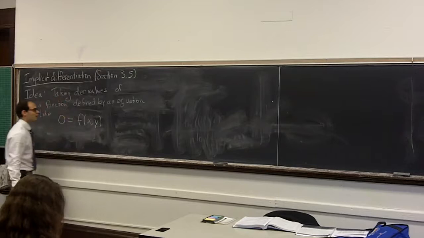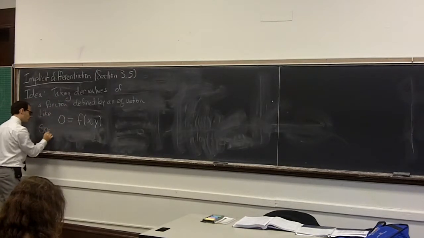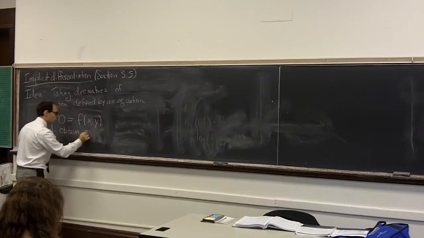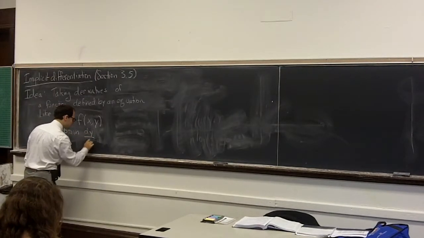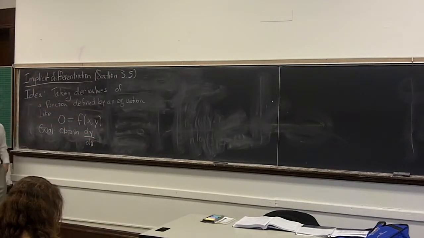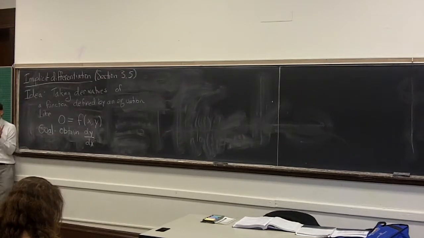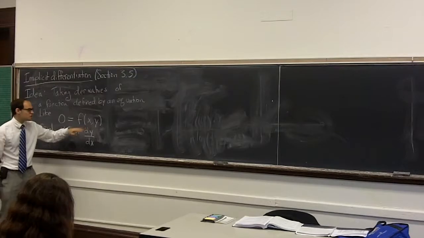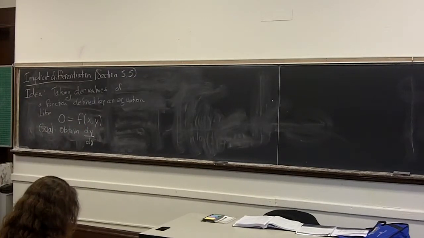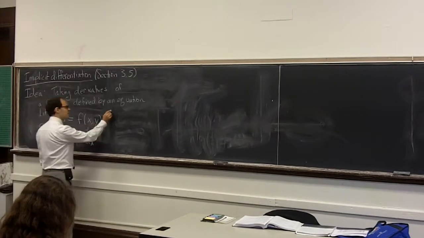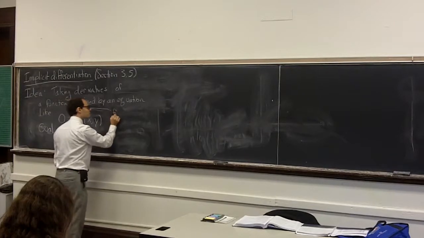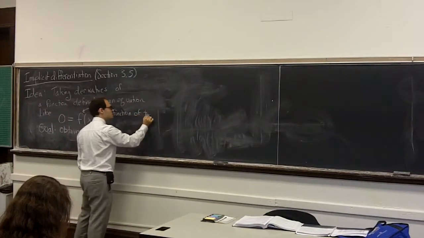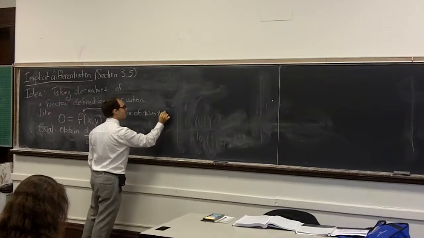f of x, y, and your goal is to obtain dy dx. This function f of two variables is the thing that defines the relationship between x and y. This f here is two variables.